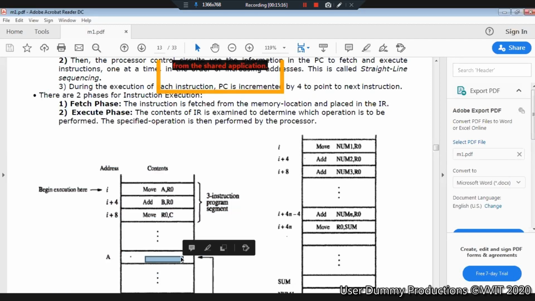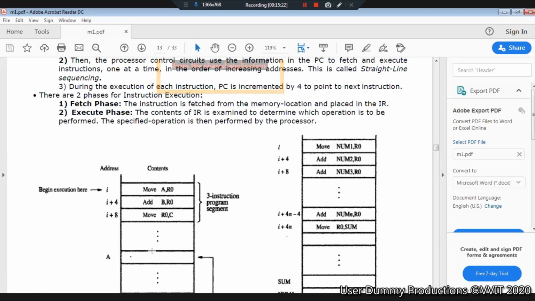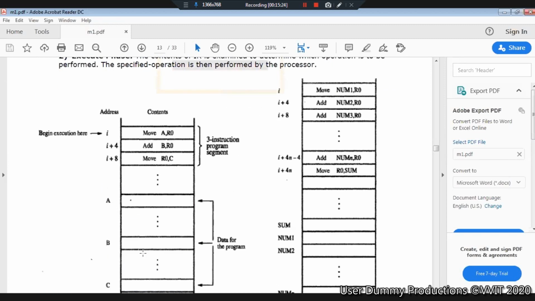Suppose in A, I am having 5, and in B, I am having 10. So 10 will be added with R0, where 5 is already there. So 10 plus 5 will be added according to the instruction at I plus 4. In I plus 8, what will happen?